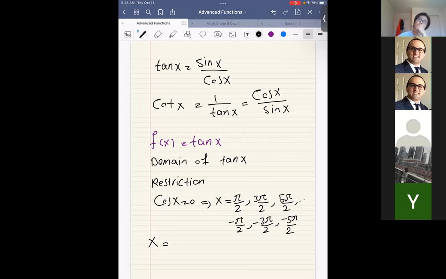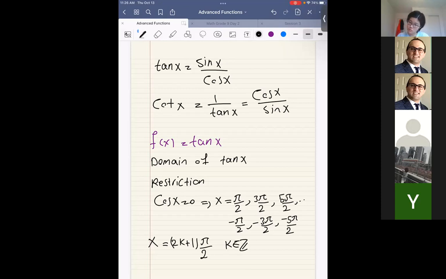On the denominator you have 1, 3, 5, 7, so it's only odd numbers. So it would be 2k plus 1 times pi half, in which k is an integer, because you only have odd numbers.